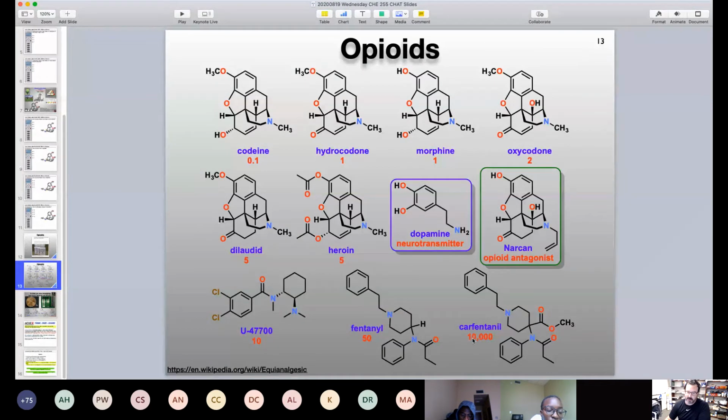Look at this bad boy, carfentanil, 10,000. 10,000 times more potent than morphine. So how is fentanyl different from carfentanil? Look at this hydrogen right here. We've substituted that for a different collection of atoms. That's a different functional group. Just by doing that, look at how much you increase the potency, from 50 to 10,000.